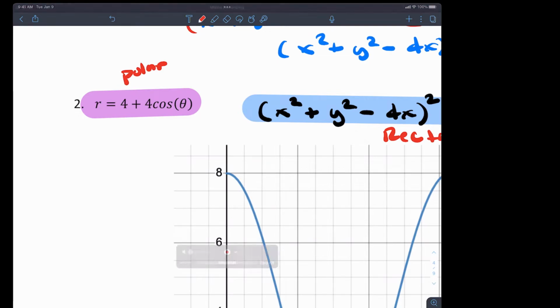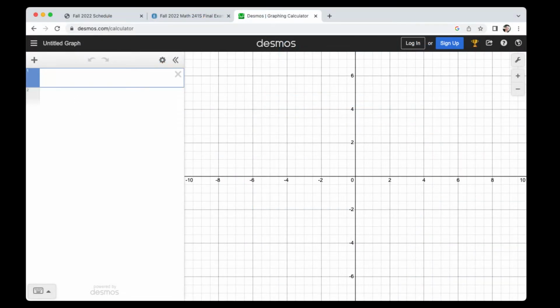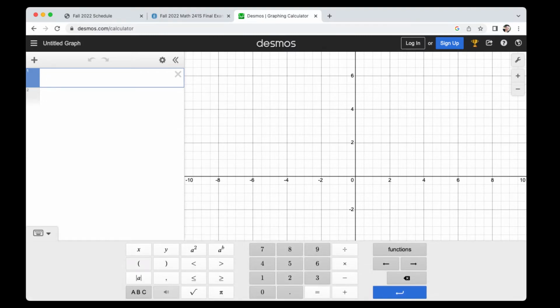If we go to Desmos, do you guys know what we have there? We have parentheses, x squared plus y squared minus 4x, come out of that and square it.